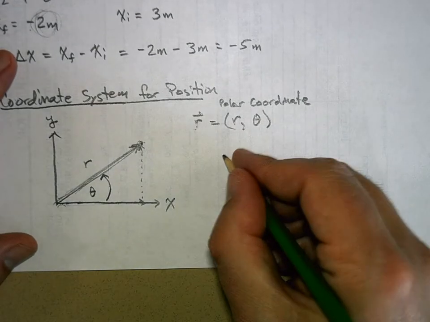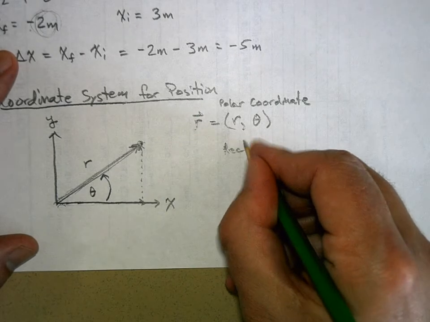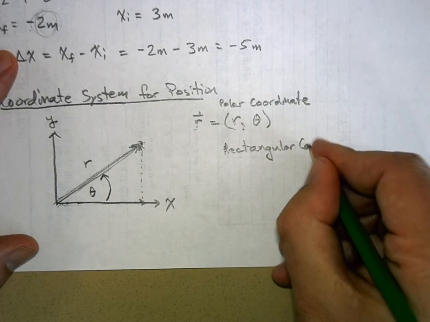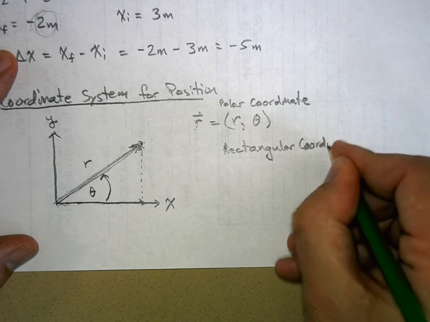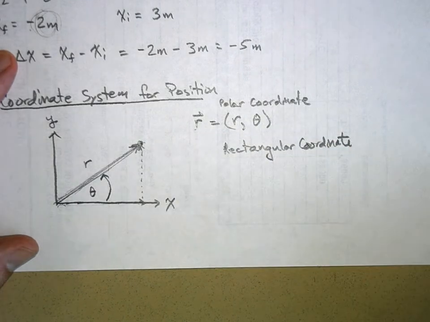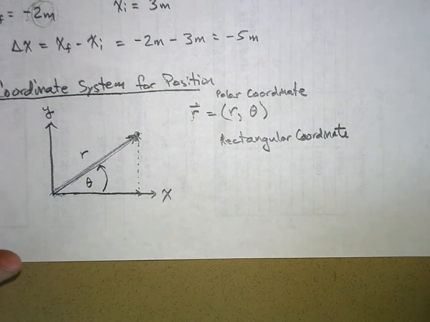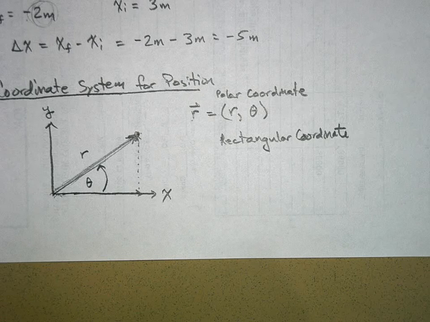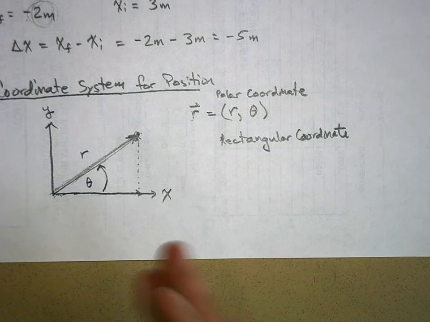And then I can have what's called a rectangular coordinate. And a coordinate is just a couple of numbers that tell you everything you need to know about where something is in a certain space.